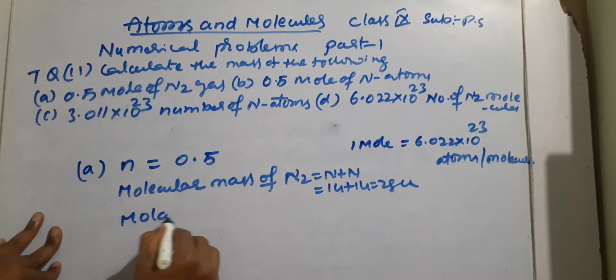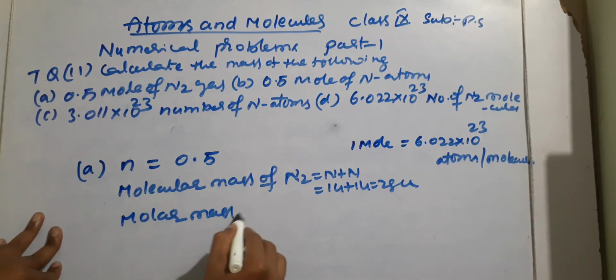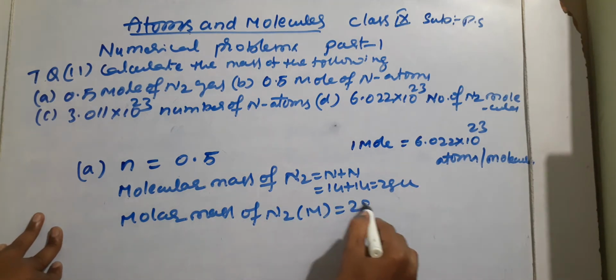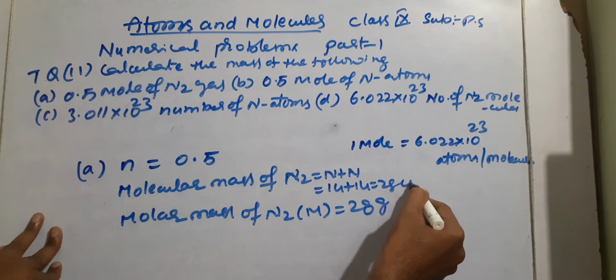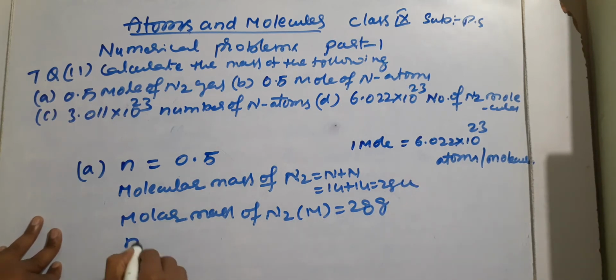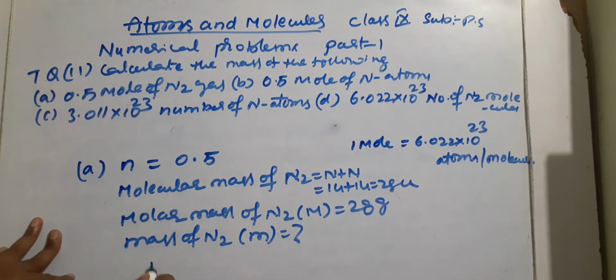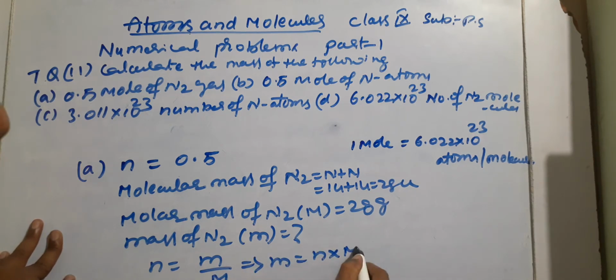And we know that the molar mass of N2, capital M, is just 28 grams, just U is replaced. Now we want to find the mass of N2, students. It is denoted by small m, and we know the formula small n is equal to small m by capital M. This implies small m is equal to n into capital M.